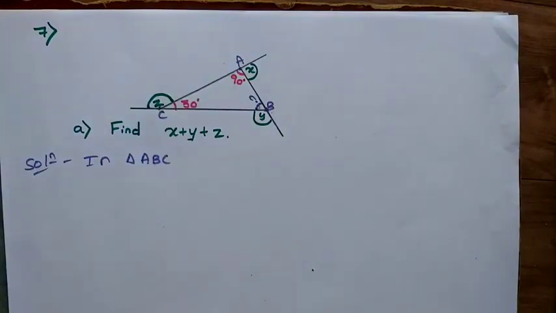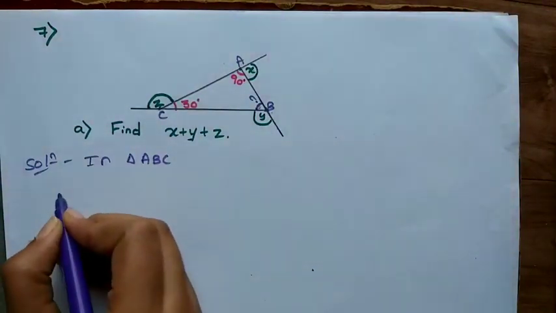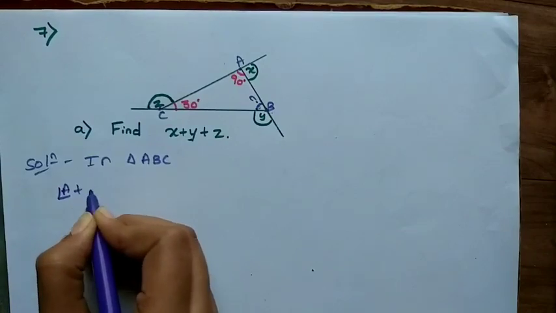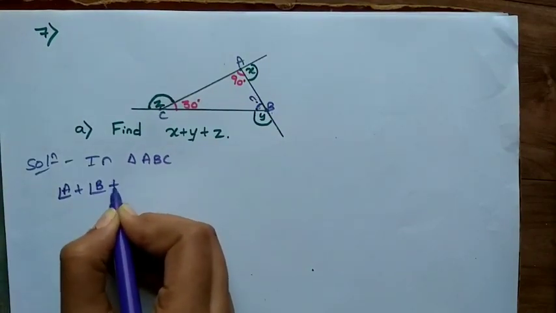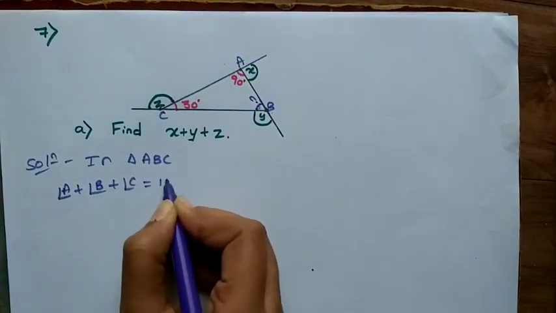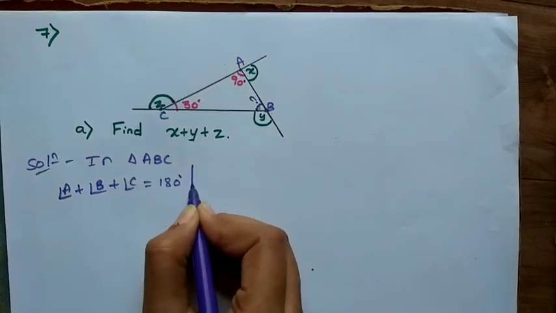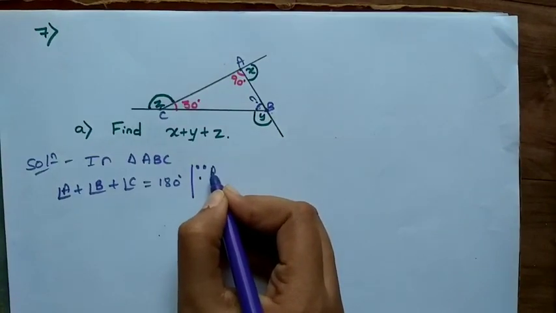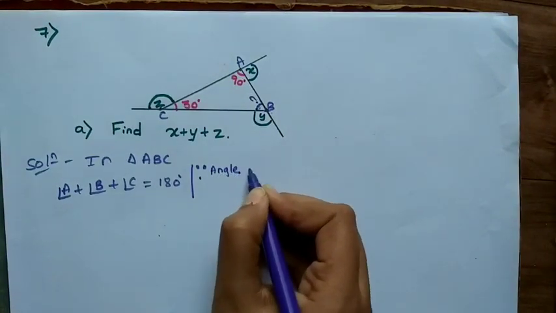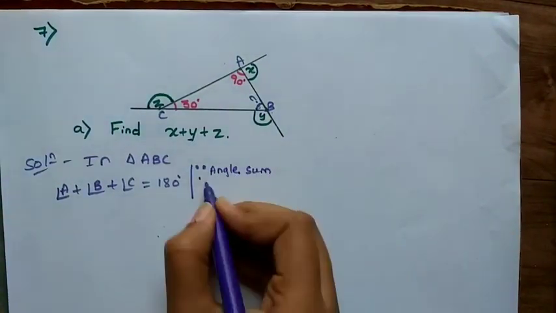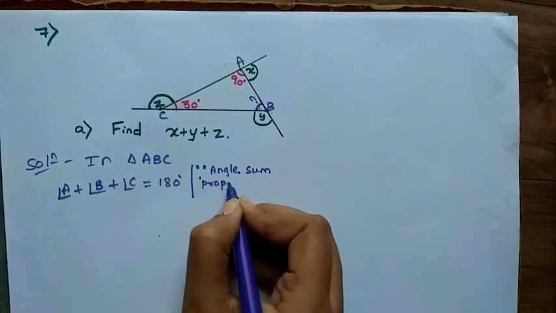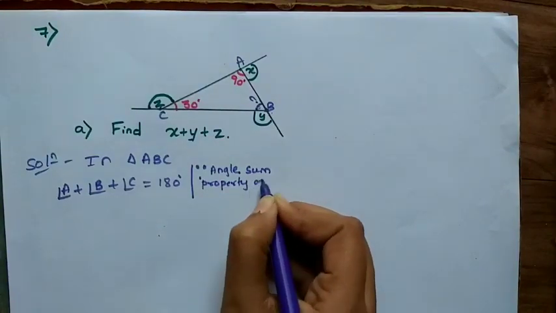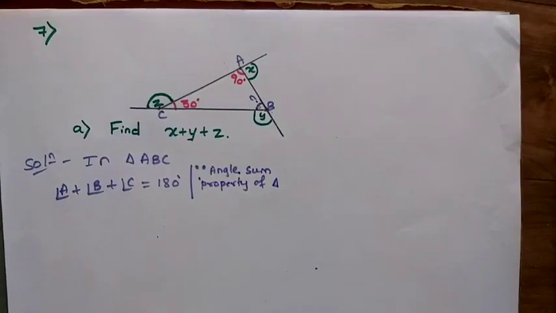Already we discussed this in the last class. So here we have to apply the angle sum property, that is angle A plus angle B plus angle C is equal to 180 degree, because of the angle sum property of a triangle.